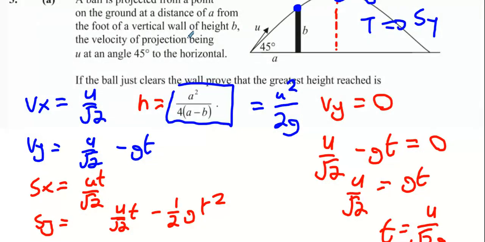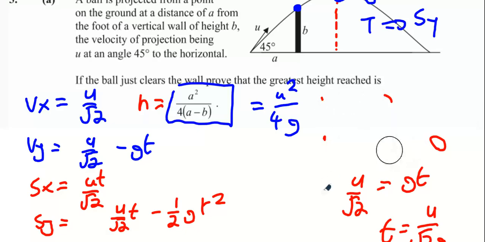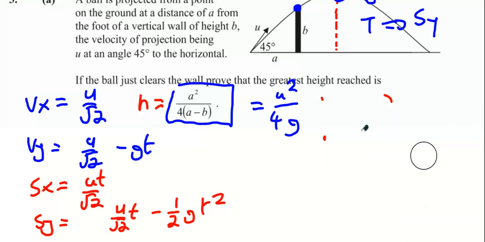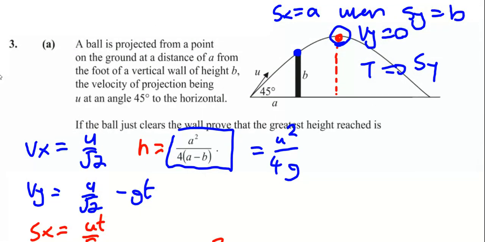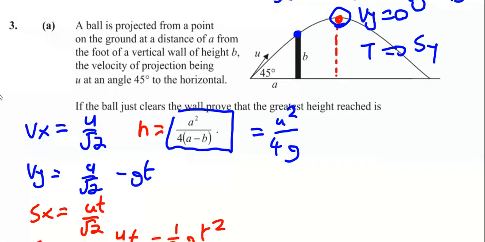So, u squared over 4g, right? Now, here's what we're going to do. What's the only way we can bring a and b into effect? Sx is a when sy is b. Agreed? It happens at the same time. Keyword, time.